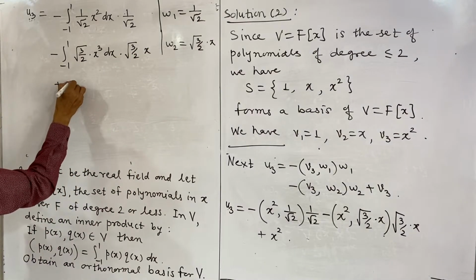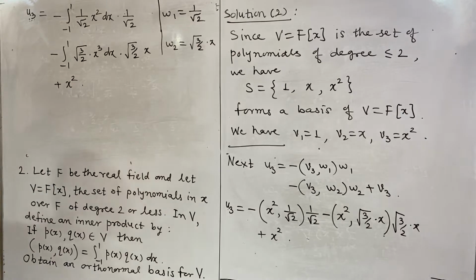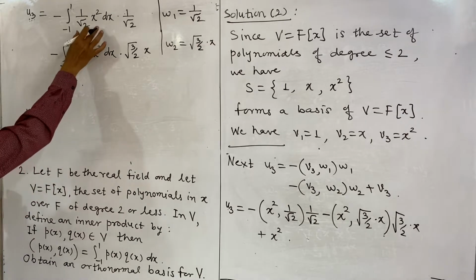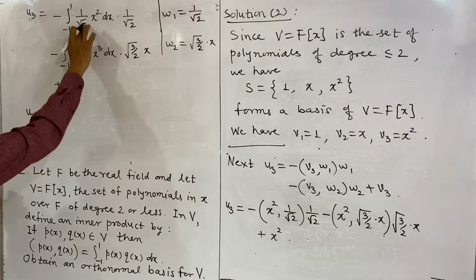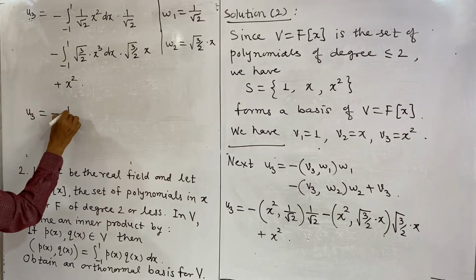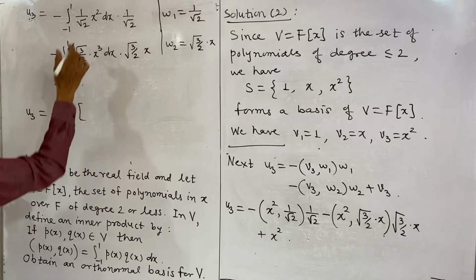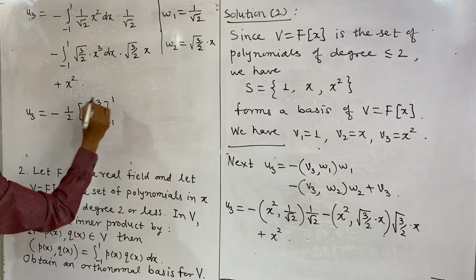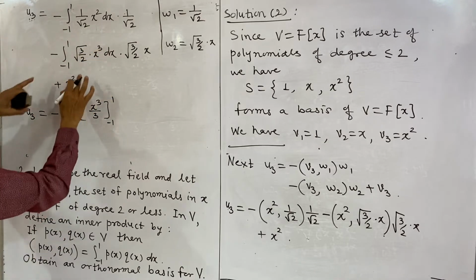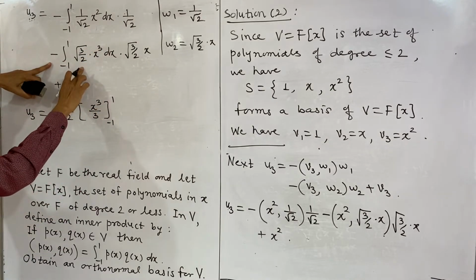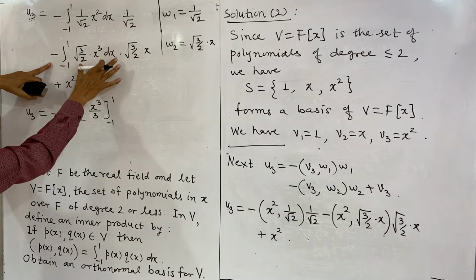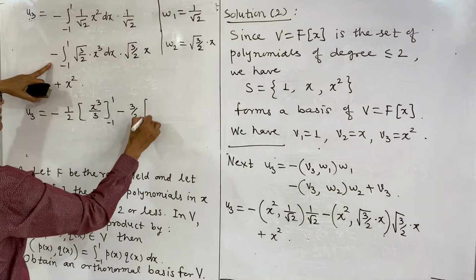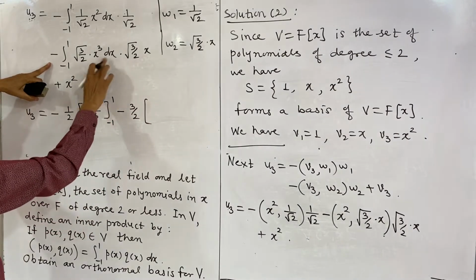So this is the expression for u3, and that u3 can be further calculated as minus. So the integral of this, see, this is 1 by root 2 and 1 by root 2, that is 1 by 2, a constant, and the integration of x square is x cube by 3. The limits are minus 1 to plus 1. So this is the first. Next, again you see in this product the square root eliminates, minus 3 by 2, and the integration of x power 4.